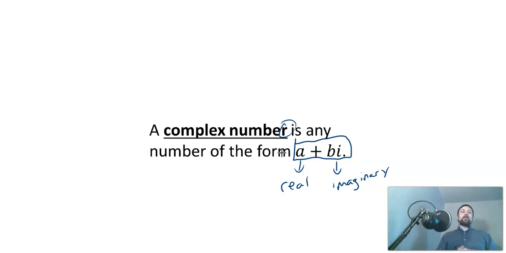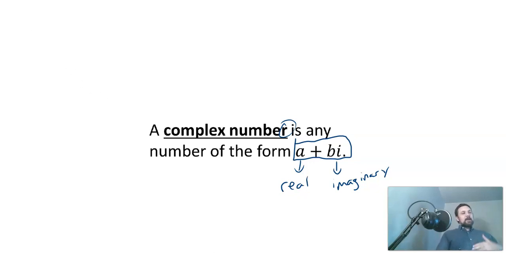That's a compound word, so complex is kind of being used in that way. It's not exactly the same, but the idea of it being complex means it has multiple parts to it. It's not just flat, one-dimensional. It's really a 2-dimensional concept, which makes it complex. So that's what we call a complex number.